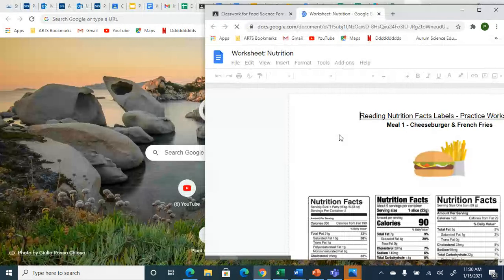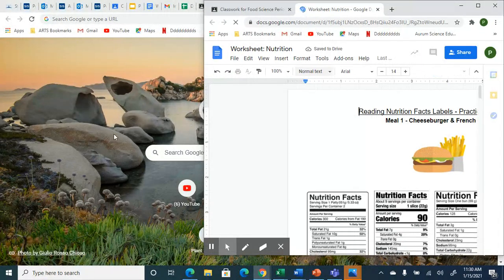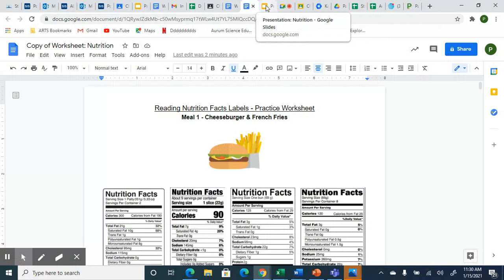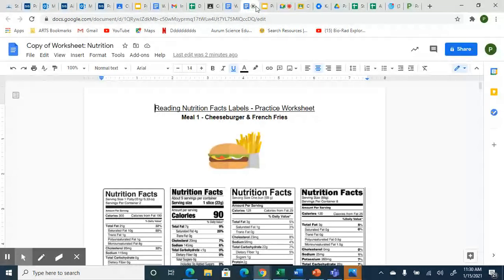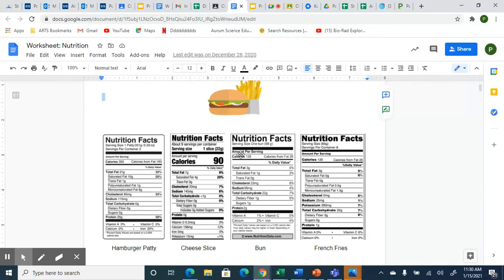Make this smaller. Close that. That's the copy I don't need.